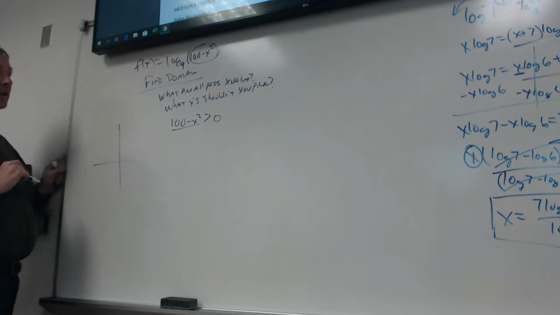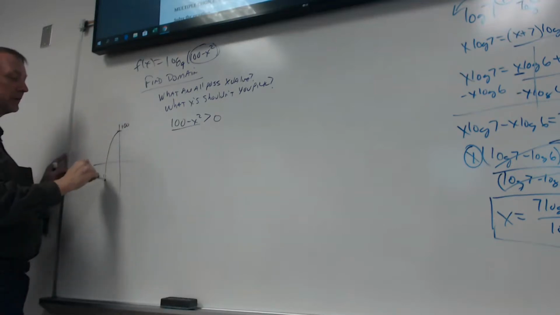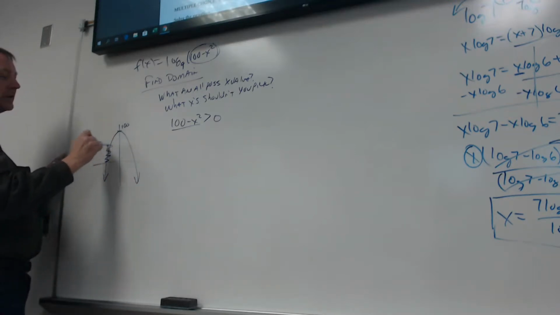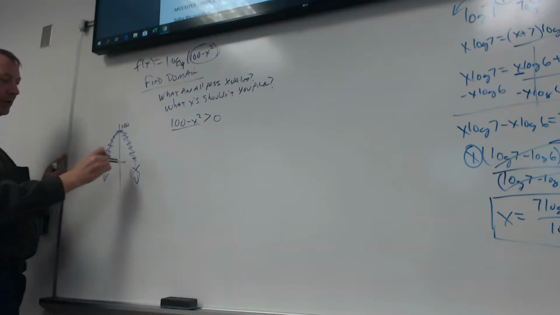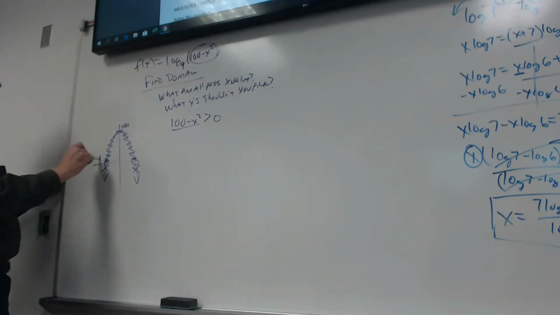Where is the intercept? 0, 100. So I'm at 100, right? It's a downward facing parabola. Okay? So all of these x's are above 0. None of those x's are. Okay? What is that value and what is that value? 10 and negative 10. How did you get that?